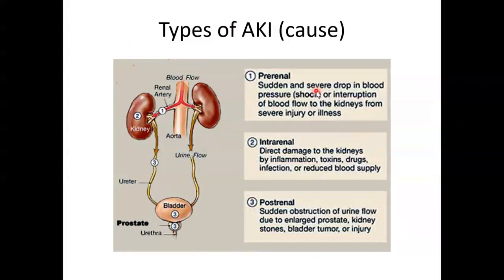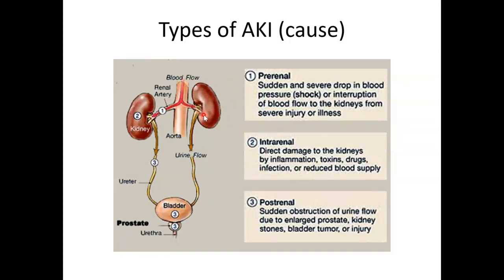When patients have severe drop in blood pressure, shock, or any type of interruption of blood flow to the kidneys, and the blood just can't quite get in here, anything that could cause a decreased cardiac output, heart failure, hypovolemia, when the blood comes down the aorta, it's too small of an amount, and it doesn't have the ability to turn in to these renal arteries.